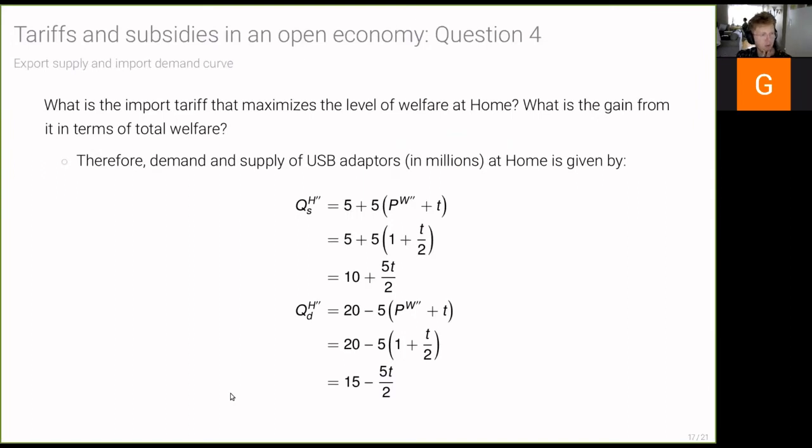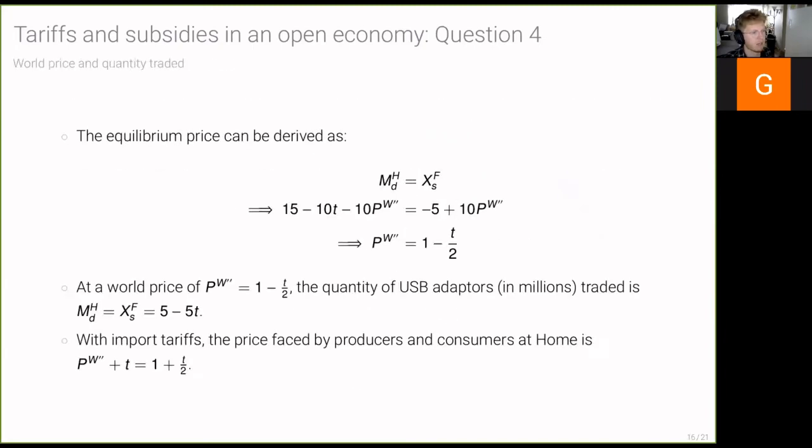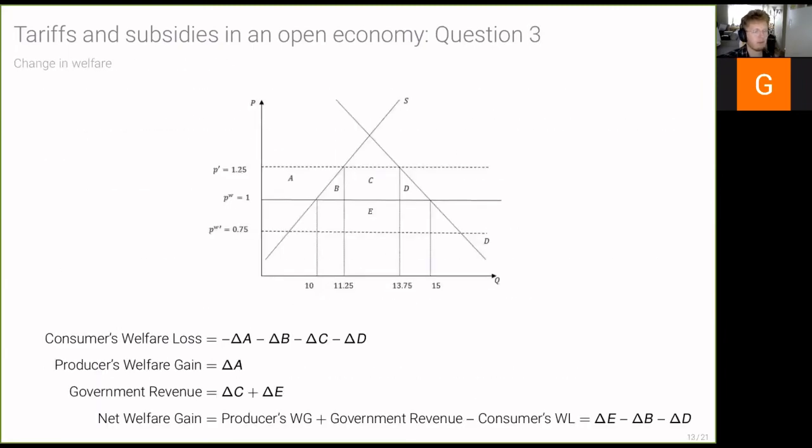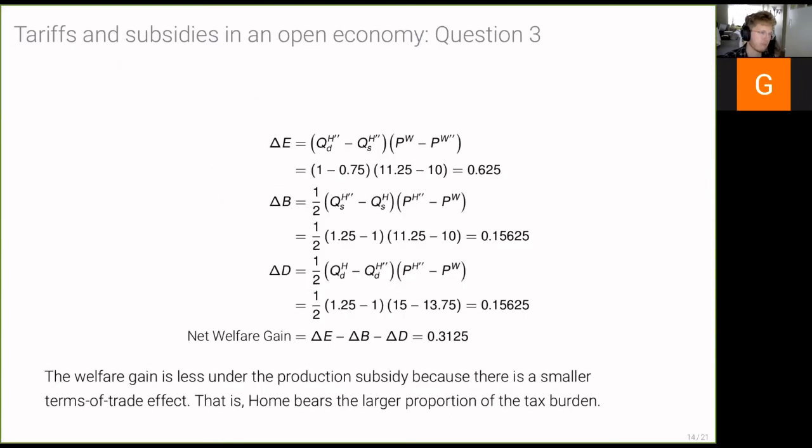Okay, and so now what we want to do is figure out the import tariff that maximizes the level of welfare at home, and what's going to be the gain from it in terms of total welfare. So if we think about the diagram that we had before, the diagram is going to be the same. The change in government revenue and all those boxes are going to be the same. We just now need to calculate the area of each box.